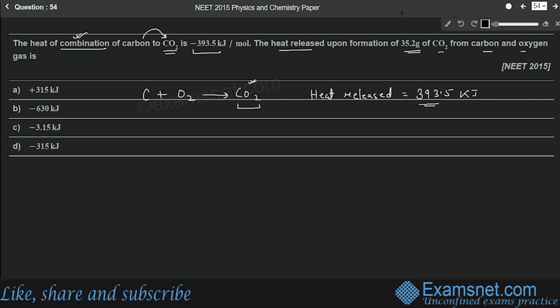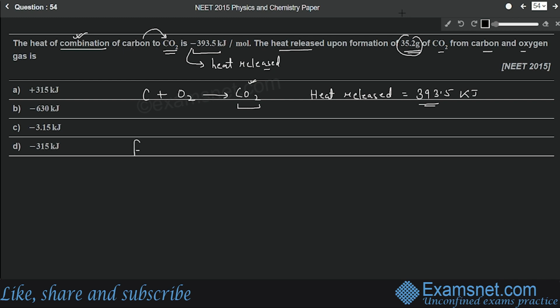Minus sign simply shows that the heat is released. So how much heat is released? 393.5 kilojoule. Here we'll not put the minus sign because minus sign is the indication that heat is released, not absorbed. Now we have to answer what will be the amount of heat released when 35.2 grams of carbon dioxide will be formed.